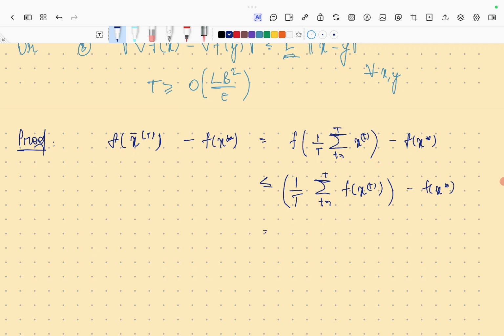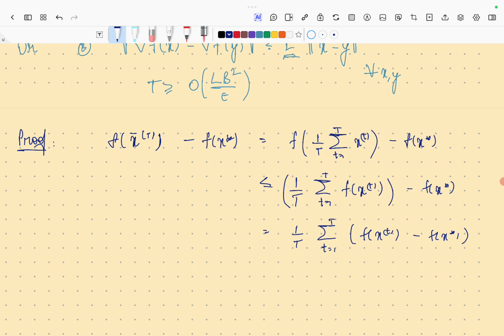I can just write this as 1 by t summation t equal to 1 to capital T, f of xt minus f of x star.